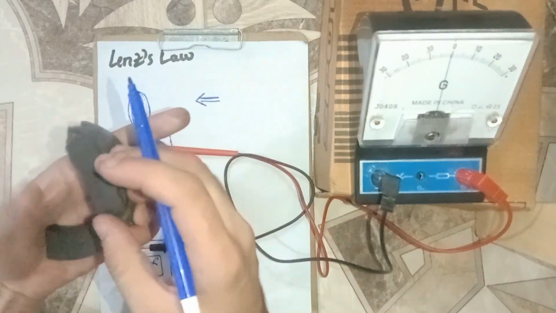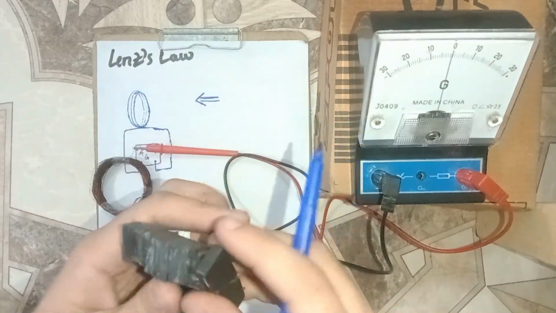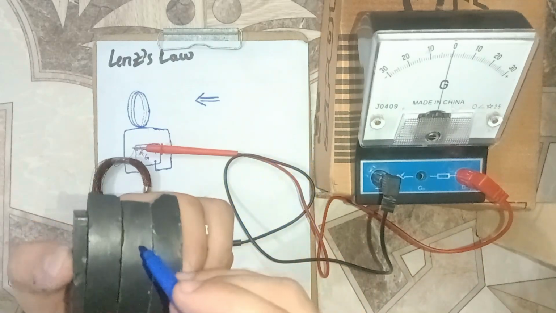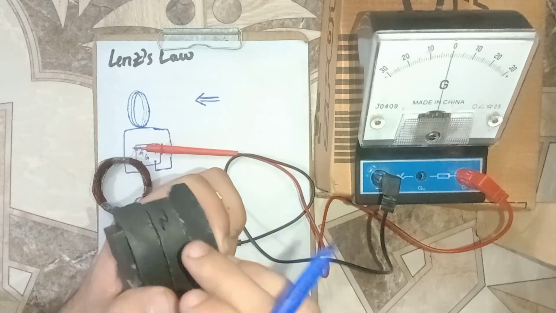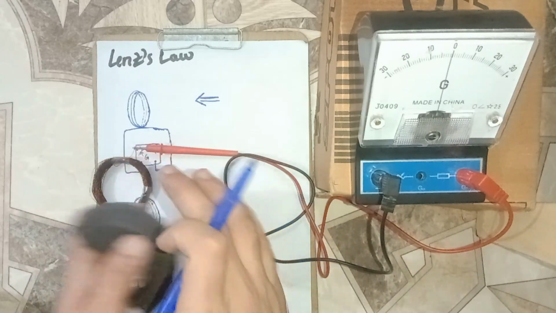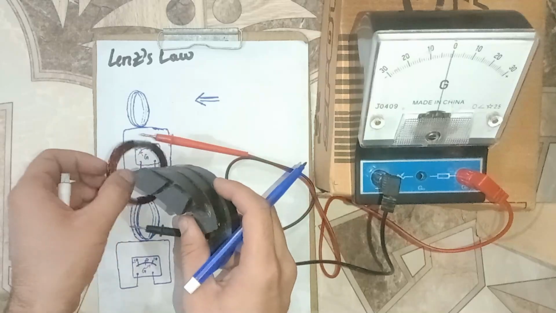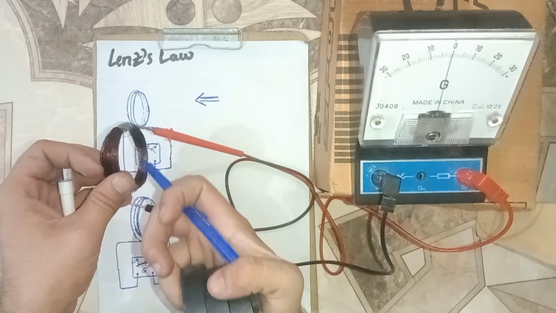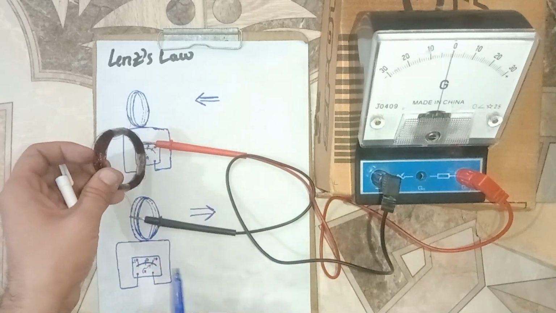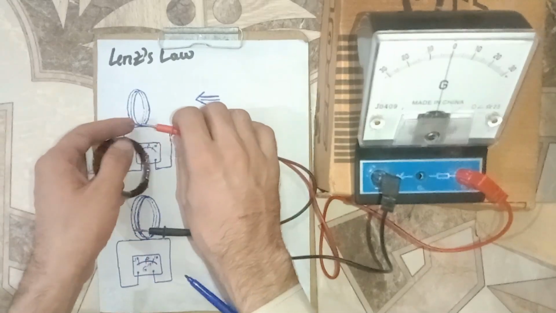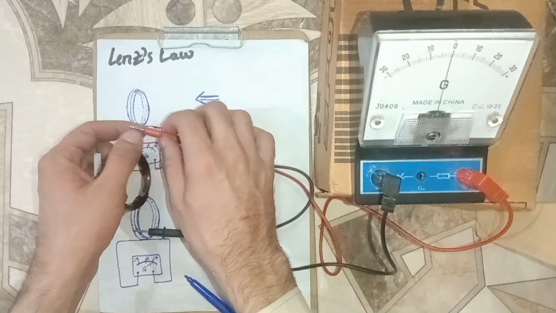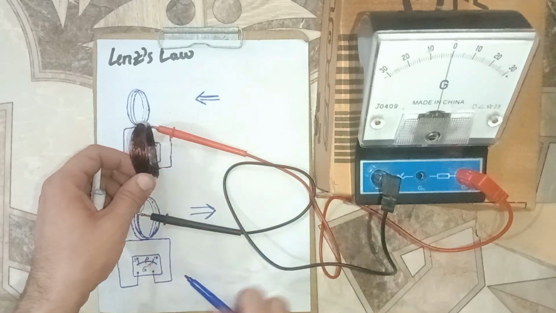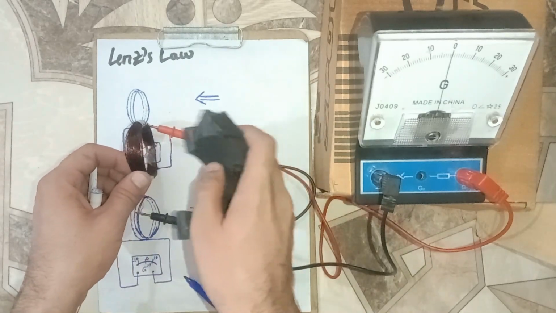Let's consider this side of the magnet is the north. If I bring this north toward this coil, then according to Faraday law of electromagnetic induction, the change in magnetic flux will induce an EMF, and that EMF will oppose this change in magnetic flux.